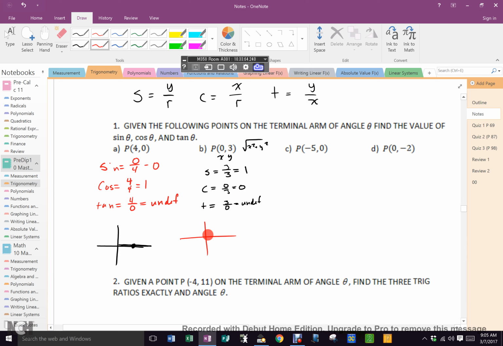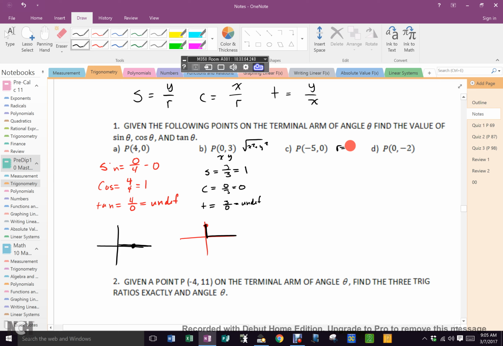Where is 0, 3? Right there, correct? So that makes a 90-degree angle. We know all of that to be true of 90 degrees, right? What's this one going to be? What's my r?